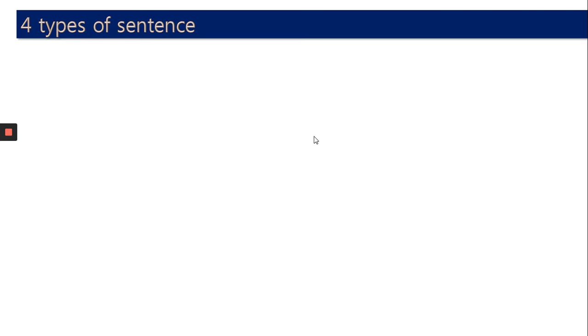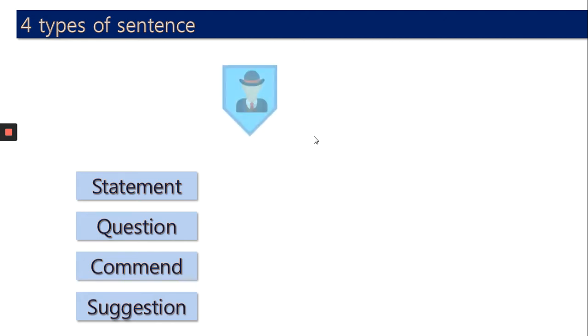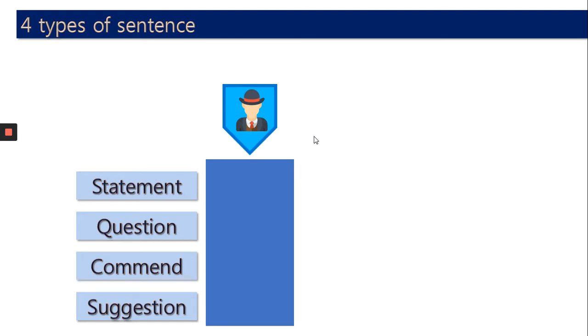Four types of sentence. I think in every language, not only in Korean but also in your language or in English, there are four types of sentence: statement, question, command, or suggestion. A statement in English, like I go, you go, he goes, is expressed with subject plus verb.